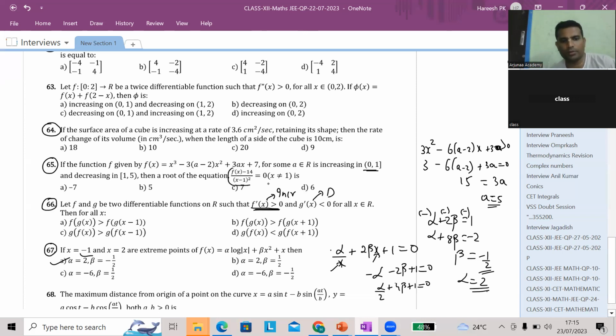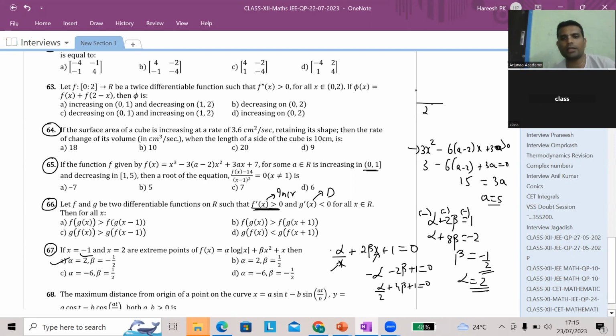Do L'Hospital rule. You have to differentiate denominator 2 times. So initially you'll get 2 into x minus 1. Second time when you differentiate, you'll get only 2. And numerator f of x minus 14. When you differentiate first time, you'll get this.